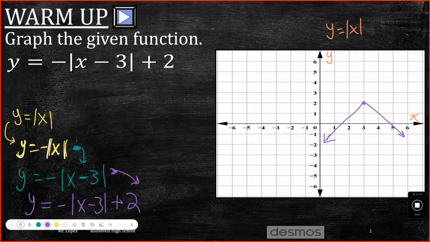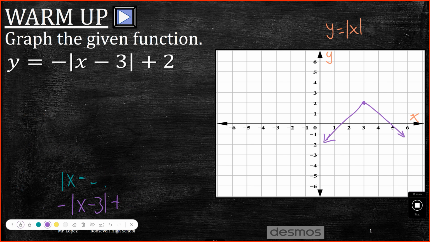Some of you guys are still wanting to do it with a table of values. A table of values takes much longer, and eventually you would have to learn it this way. If we do take a table of values, it should satisfy this graph. It will be on this graph.